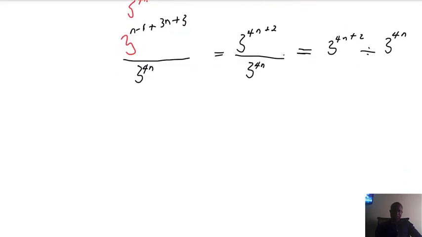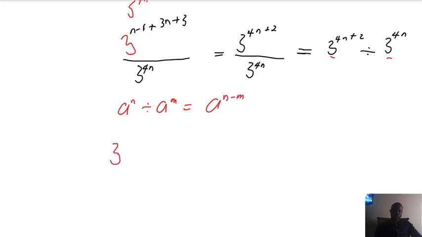Looking at it, because the base here is 3 and the base here is 3, and there is a division sign, we are going to subtract the exponent of this one, which is 4n, from this exponent. Because if we have a exponent n divided by a exponent m, then this is going to be a exponent n minus m.